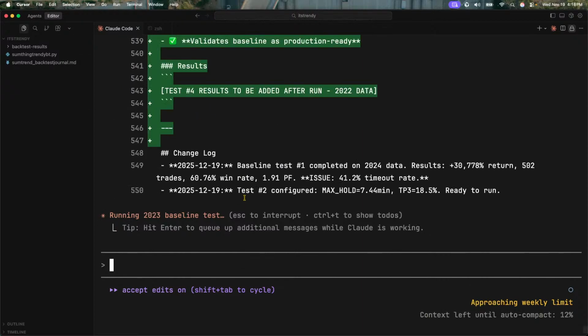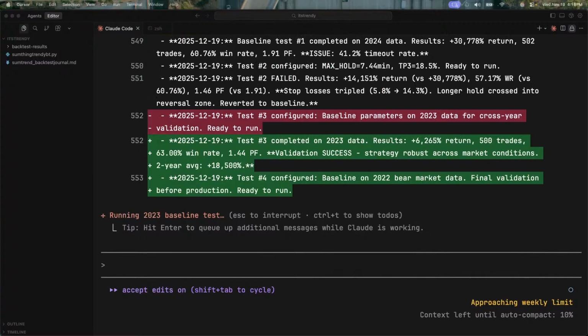Here we go. Test 3 complete. All right, perfect. Oh, look at that. Oh, we did have an orphan position.